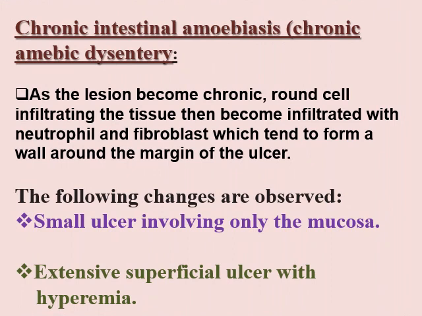In chronic intestinal amoebiasis, or chronic amoebic dysentery, the lesion becomes a chronic round cell infiltrate, then becomes infiltrated with neutrophils and fibroblasts, which tend to form a wall around the margin of the ulcer. So we can observe the following changes: a small ulcer involving only the mucosa, and extensive superficial ulcer with hyperemia.